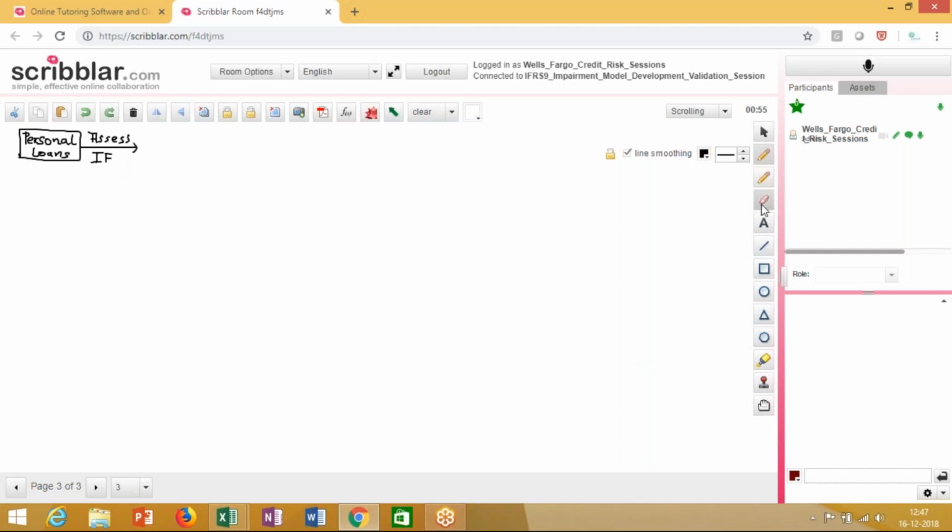Assess impairments. Now to assess this impairment, first of all, there will be an impairment definition.